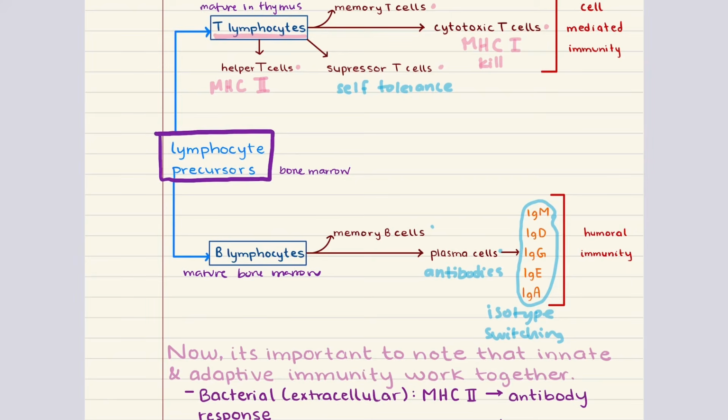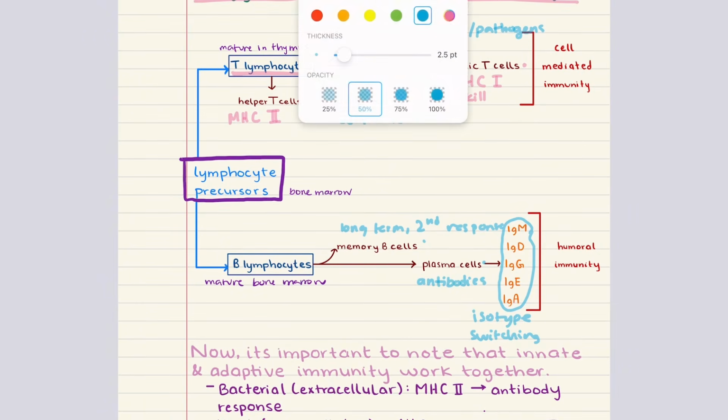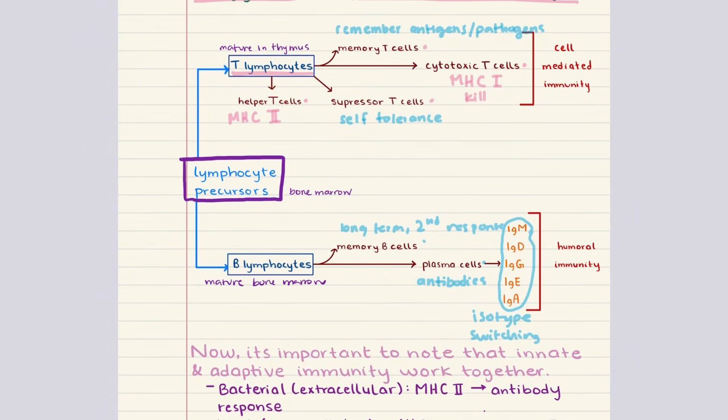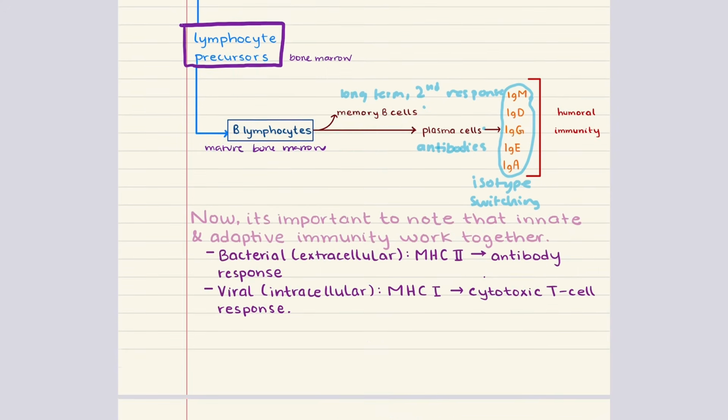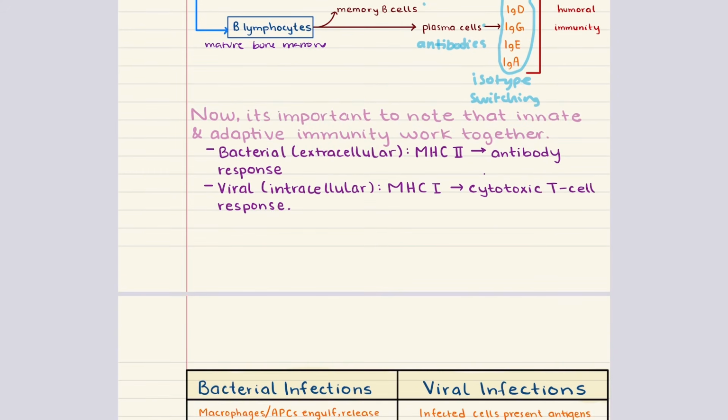This is in comparison to memory B cells, which are going to remain long-term for rapid secondary immune responses, and this is the basis of vaccination. So in short, T cells kill infected cells and coordinate immunity, while B cells produce antibodies to clear extracellular pathogens, and both of them create memory for lasting protection.